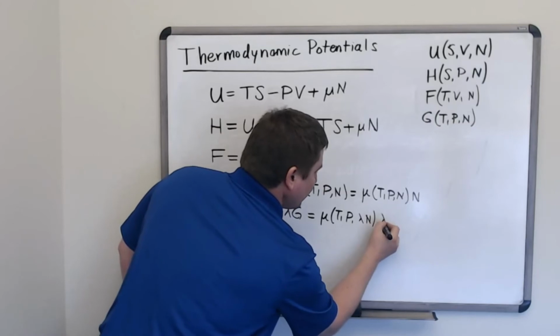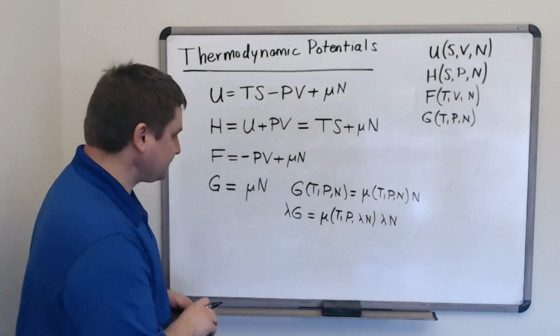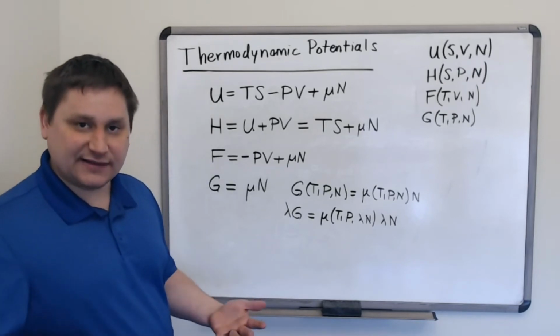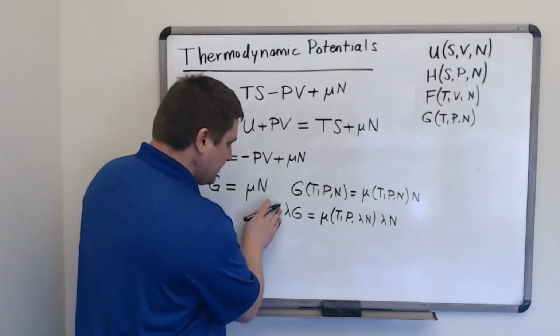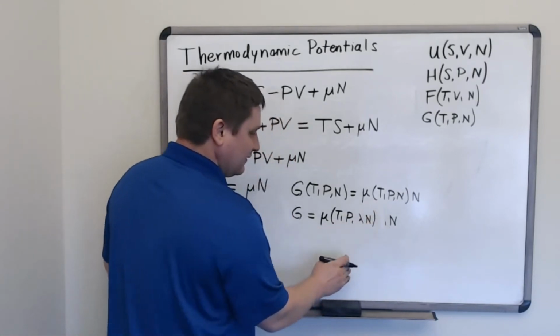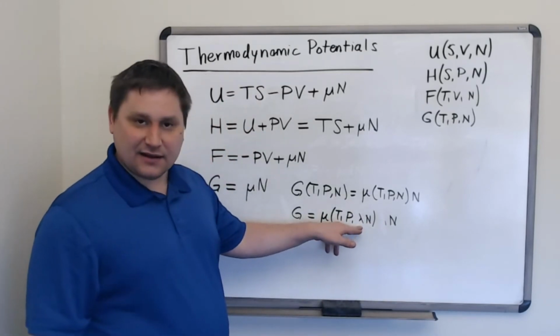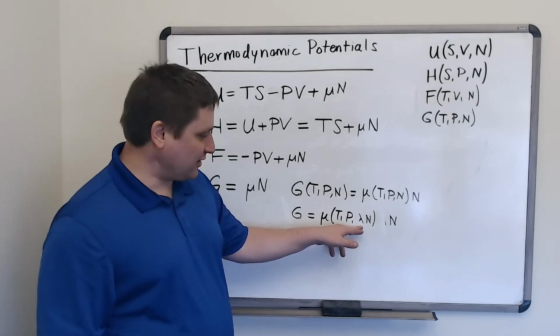And the particle number is extensive, so the particle number will scale up as well. So in order to satisfy the scaling behavior required of extensive variables, these two can cancel, but the chemical potential has a scaling factor sitting in its potential dependence on particle number.